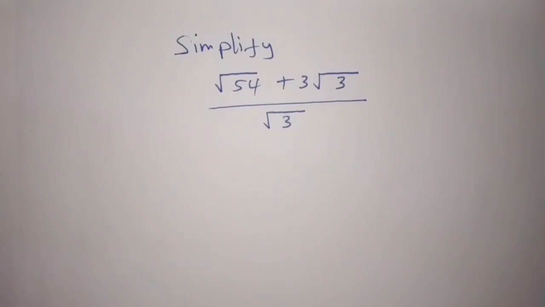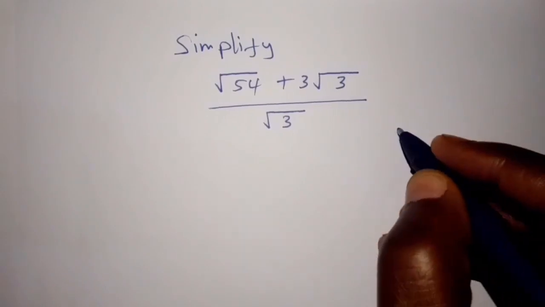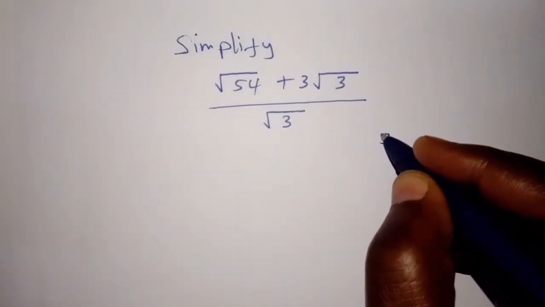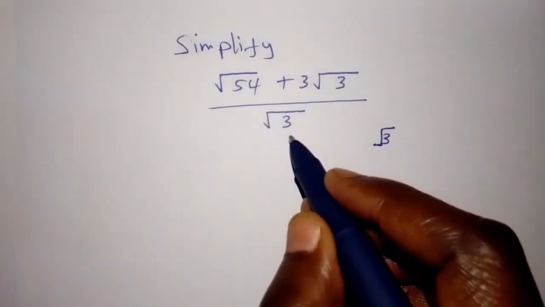Simplify square root of 54 plus 3 times square root of 3 over square root of 3. We are going to rationalize this expression by multiplying it by square root of 3.